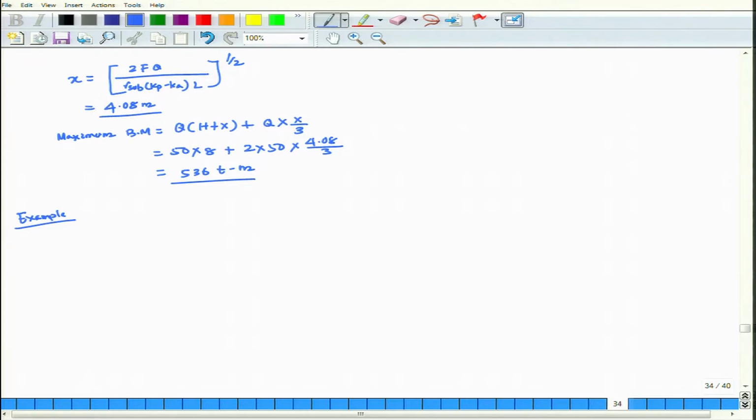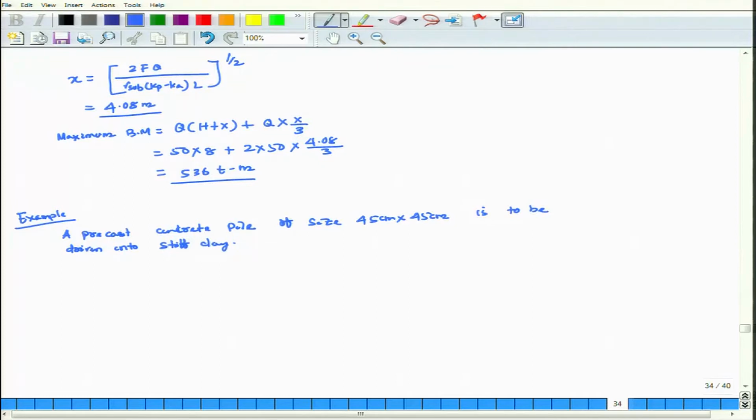A precast concrete pile of size 45 centimeter by 45 centimeter is to be driven into stiff clay.